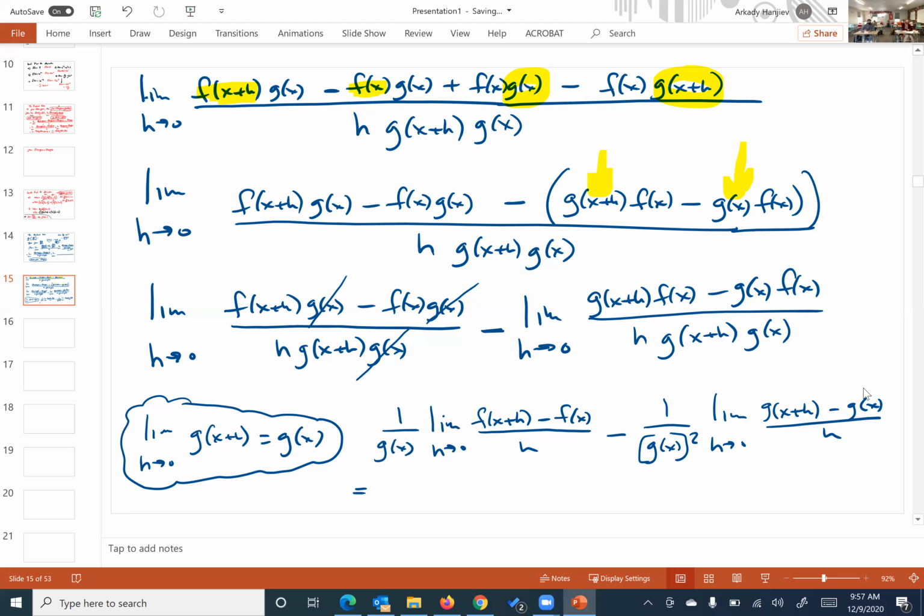So I have myself a derivative of f right here over g of x right here, minus sign. And let's see, I got a derivative of g of x over here over the original g of x just being squared.